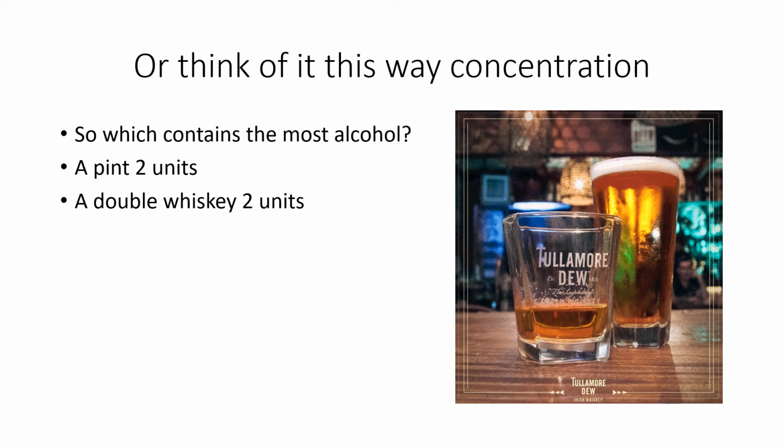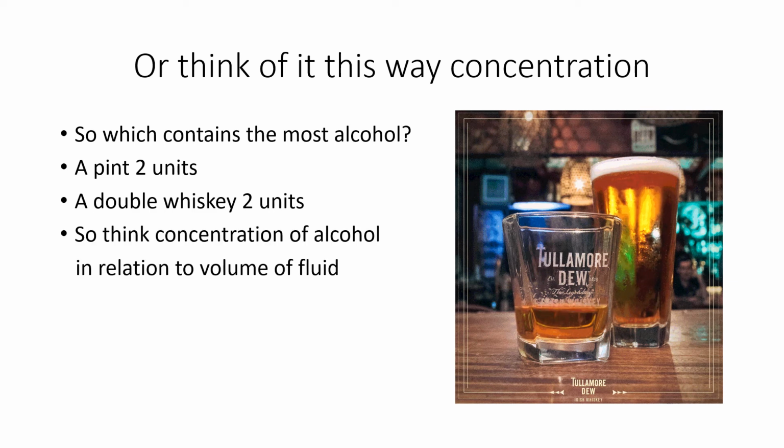But if you look at the volume that alcohol's in, the double whiskey has the same amount of alcohol in a much smaller volume compared to the pint. So you might want to think at the top of the descending limb of the loop of Henle you have a pint. Then by the time you get to the bottom of the descending limb, you have a double whiskey, so you've lost that much volume. Then look at the concentration of the liquids.